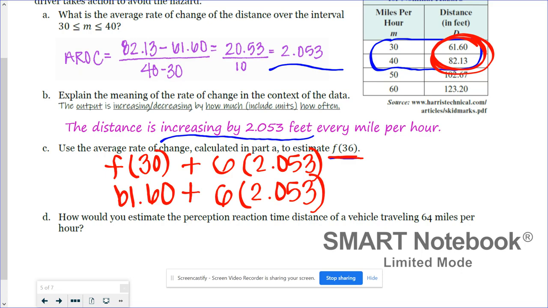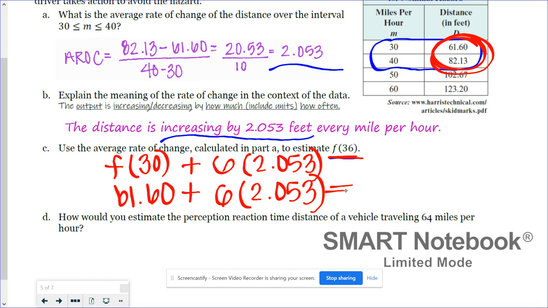I'm essentially filling in the table. I could continuously add 2.053, 2.053, and so on until I got to 36 miles per hour, or I can use multiplication.